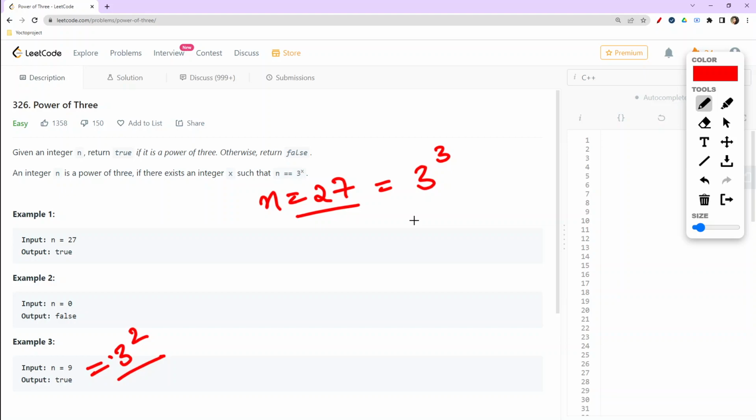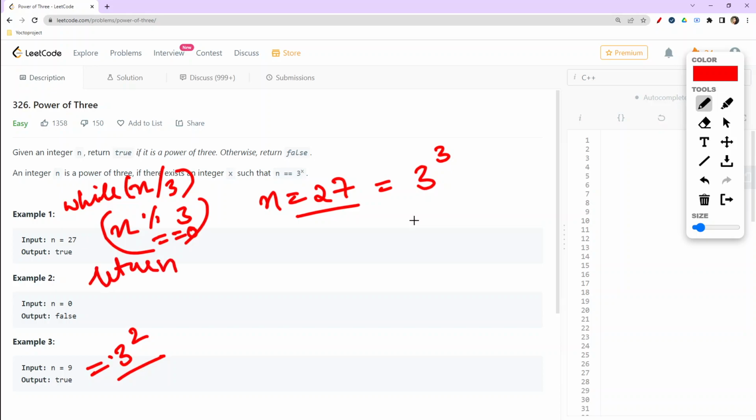Now how do we get this? We get this by simply doing n modulo 3, and we do this as long as n modulo 3 equals 0, until that 3 exists. Means while n by 3 exists, we keep doing this particular thing, and at the end we return whether n equals 1.